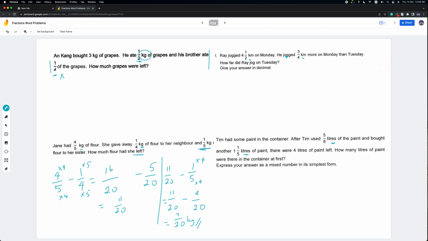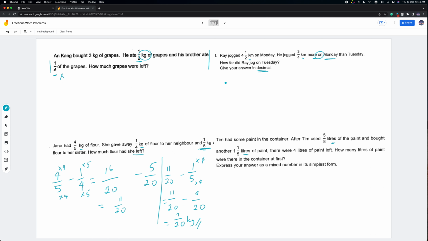So he jogged 3/4 kilometer more when? On Monday. So he jogged more on Monday than Tuesday. So how far did Ray jog on Tuesday? We're going to find on Tuesday, and we have to change our answer to decimals. Again, if this is a paper 2 question, feel free to use your calculator.